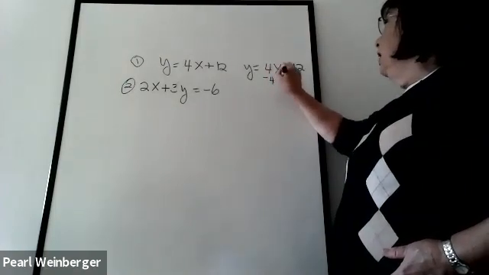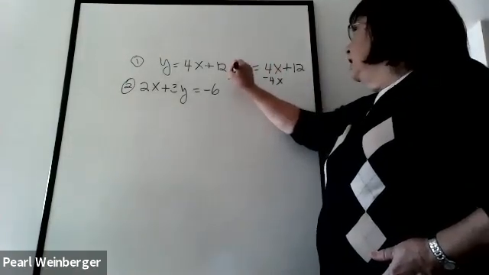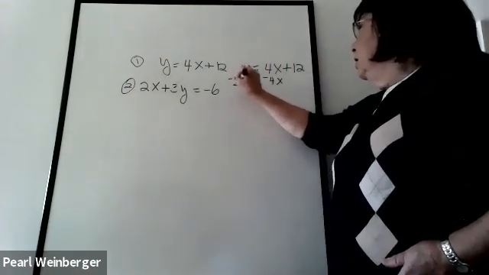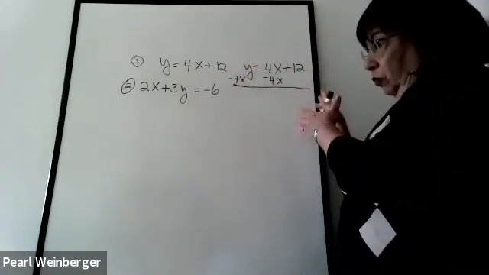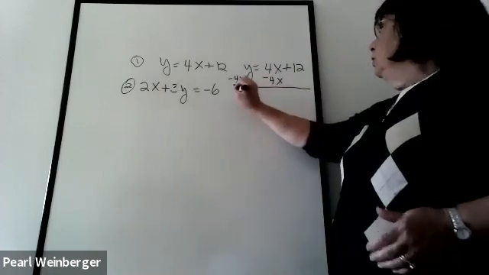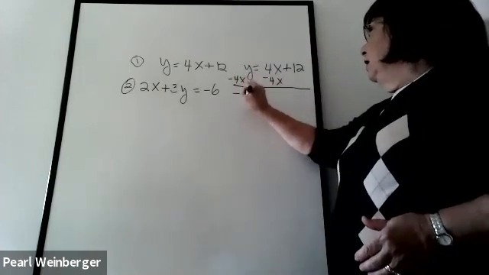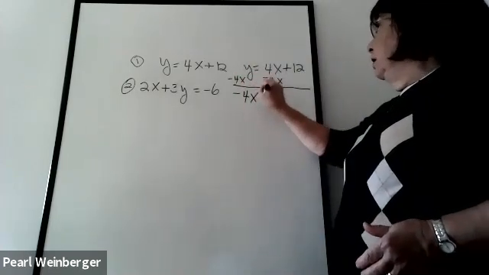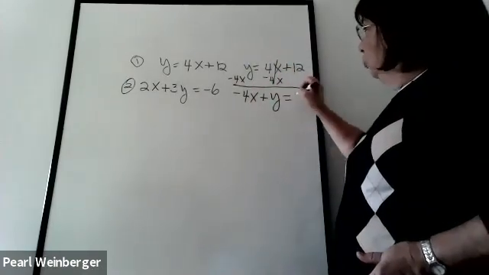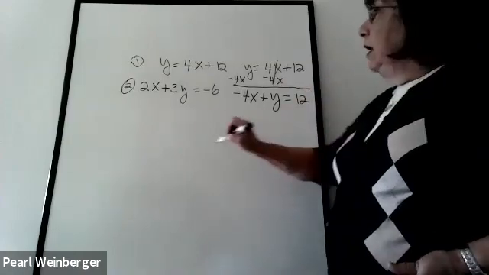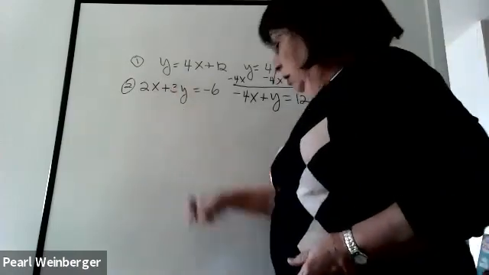I'm going to subtract 4x from both sides of this equation. And I'm going to put the x first because I want it in the form x, y equals number. So this will end up being -4x plus y equals 12. So now I have my two equations.